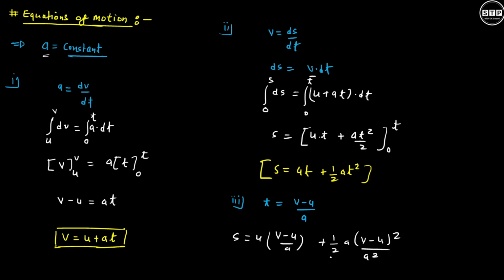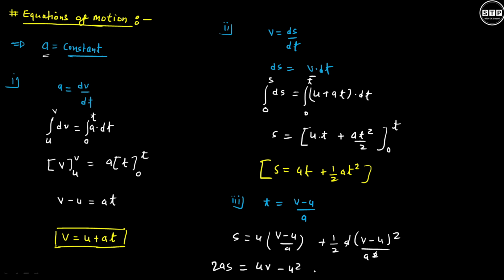Now we can multiply the complete equation by 2a. Here it will be 2as is equal to 2uv minus 2u square, and let's open the remaining term while multiplying by 2a. One a will be cancelled out, and 2 and a will be cancelled out, so only v minus u whole square will remain.